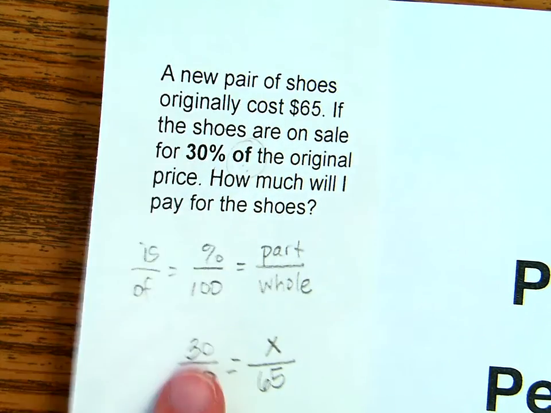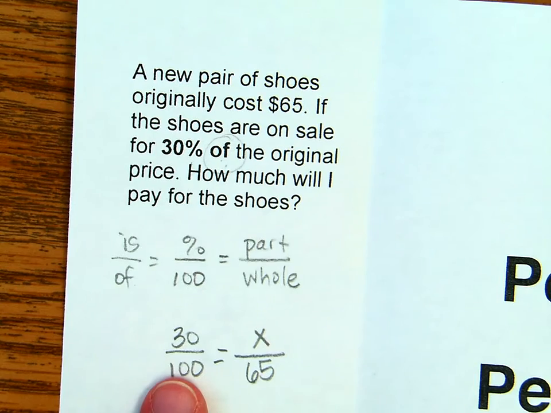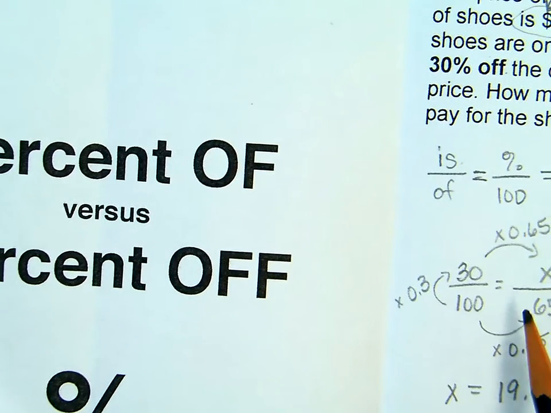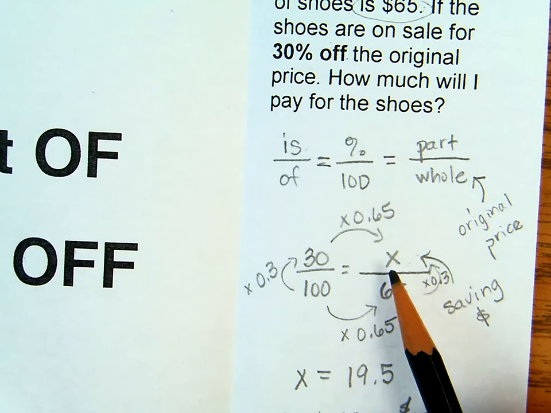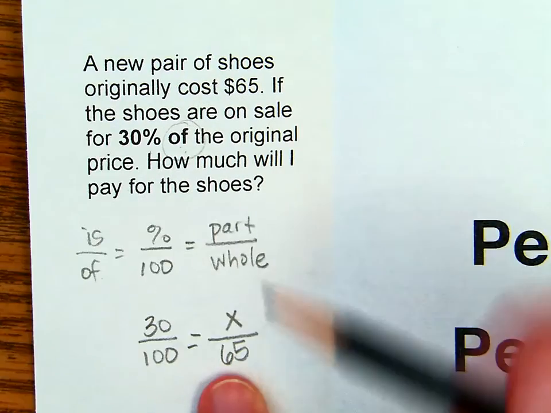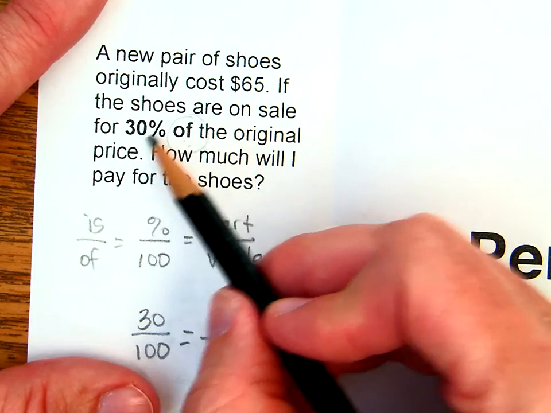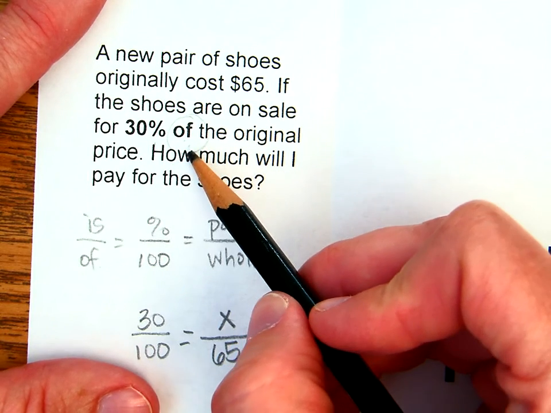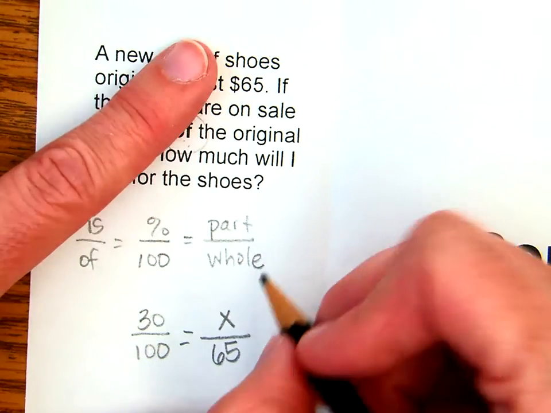We've actually already solved this over here. It's just that the meaning of that variable is different in this situation. So if we have a situation where we have to pay 30% of the original price, that's a really good deal.